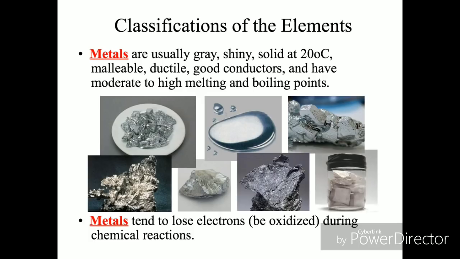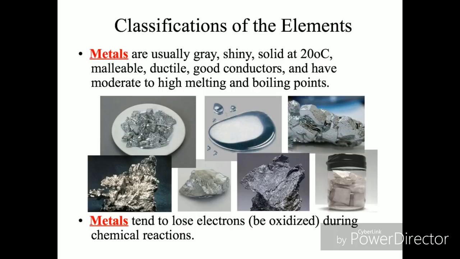Now, why do these three distinctions exist? Because these three areas, these elements have very similar physical and chemical properties. So take a minute to write down the properties of the metals, and then we'll look at nonmetals and metalloids.